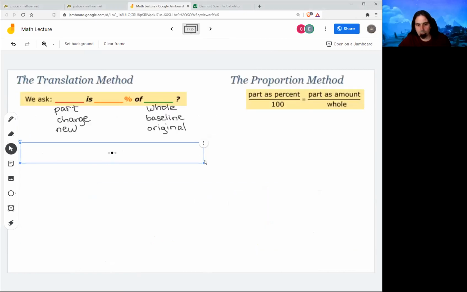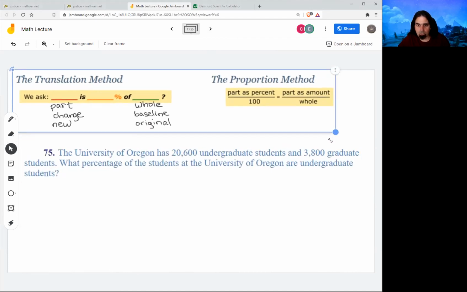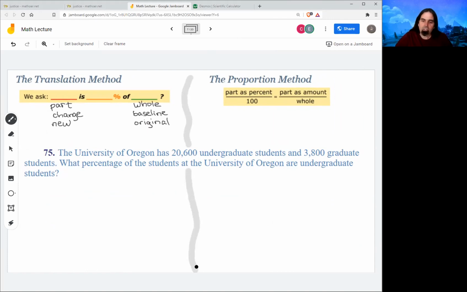So similar problem, I'm trying to trick you. Shrink that one just a little bit so I can draw my line down the middle. U of O has 20,600 undergraduates. We just saw that. It has 3,800 graduate students. What percentage of the U of O students are undergrad?